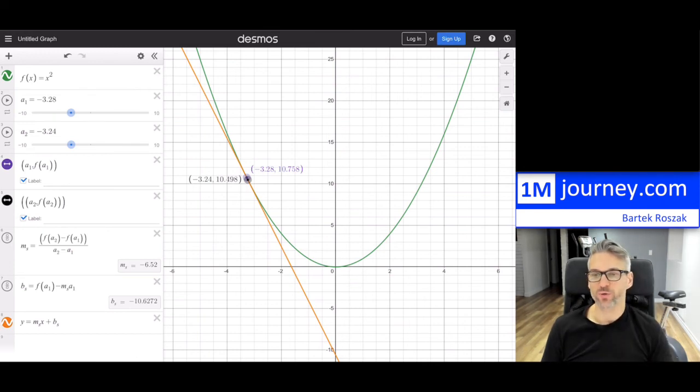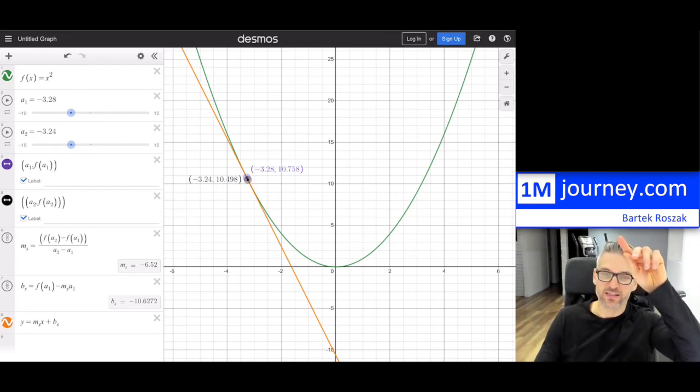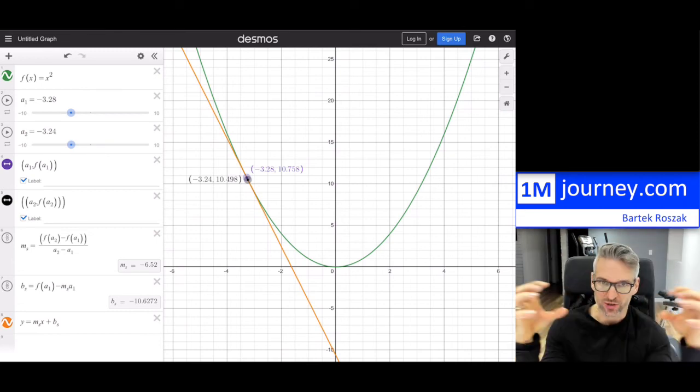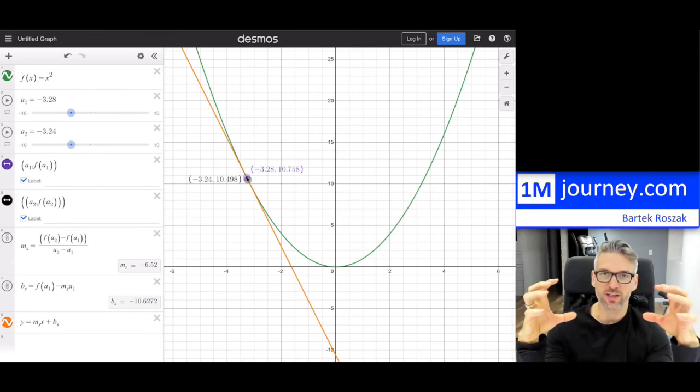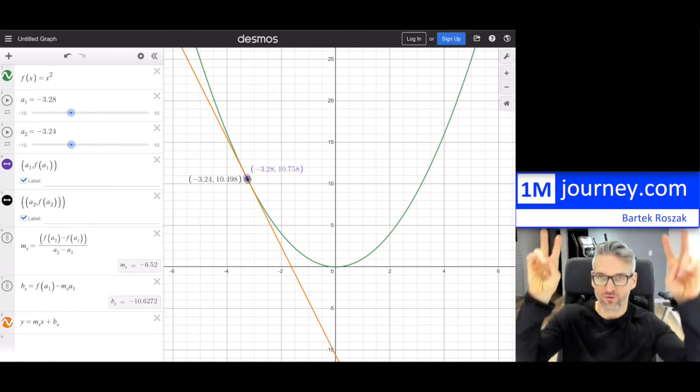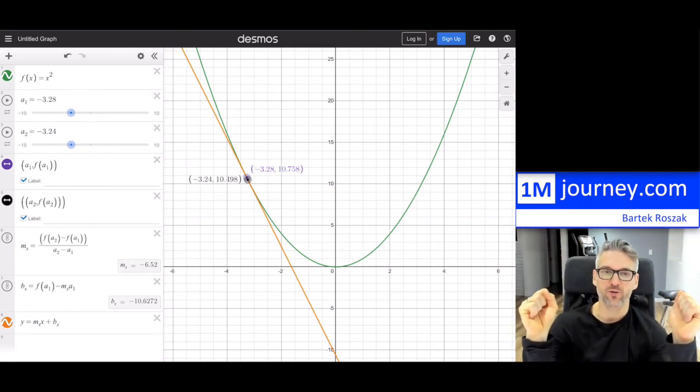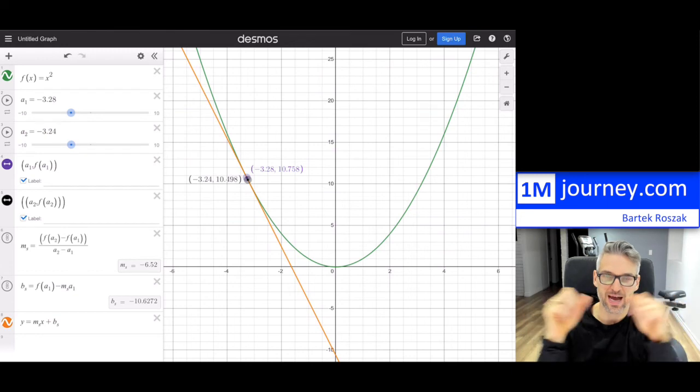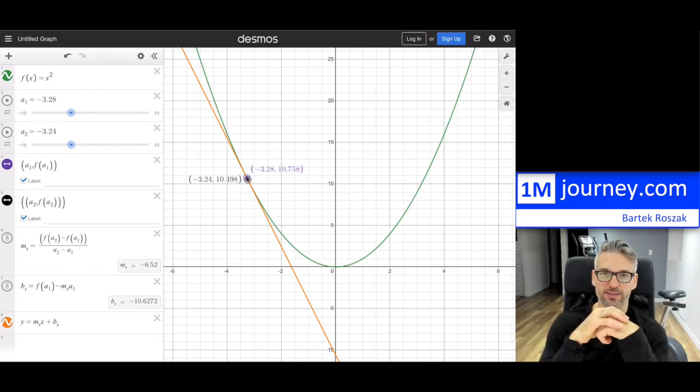And that's what we want to be able to do. Our idea is that we want to have it at just one point and then find the tangent at any point we like, without necessarily doing the arithmetic of the slope for the instantaneous rate of change at a particular point.